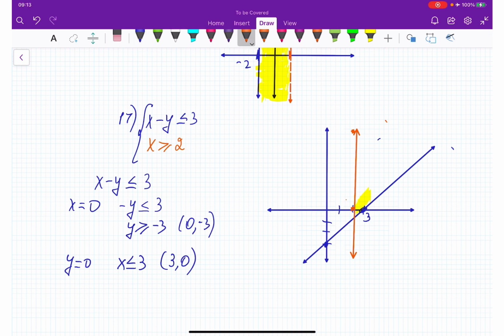This is 2. Greater than 2, less than 3. Okay, and y is greater than negative 3. Here is negative 3. So it's gonna come this way, but this part it's not gonna work because it's limited by this brown color. So it's gonna be right in the middle. There we go. Okay, filling up this space.